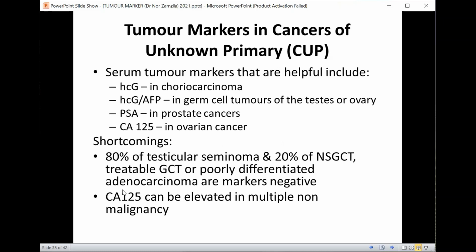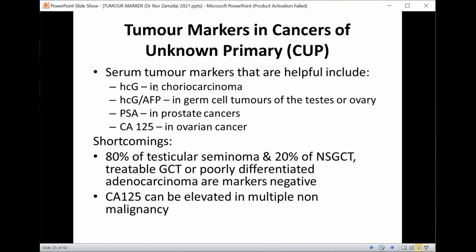These are the tumor markers known to be helpful in the diagnosis of cancers of unknown primary: HCG for choriocarcinoma, HCG and AFP in germ cell tumors of the testis and ovary, PSA for prostate cancer, and CA125 in ovarian cancer. These are the only tumor markers known to be helpful.